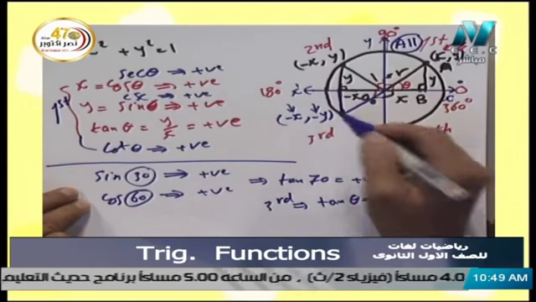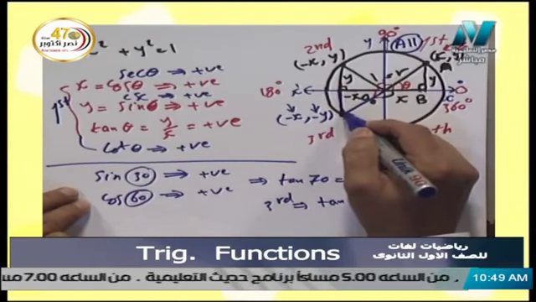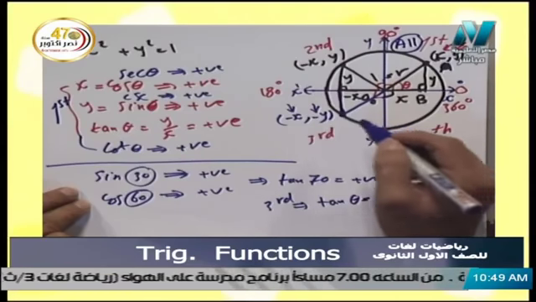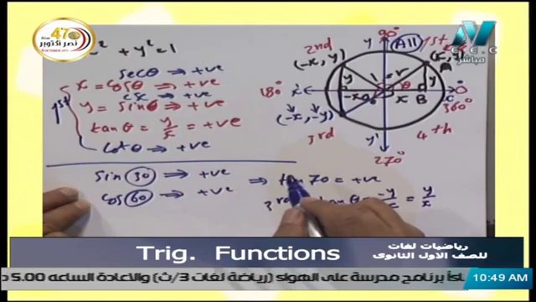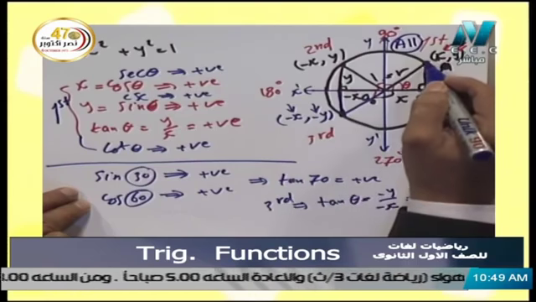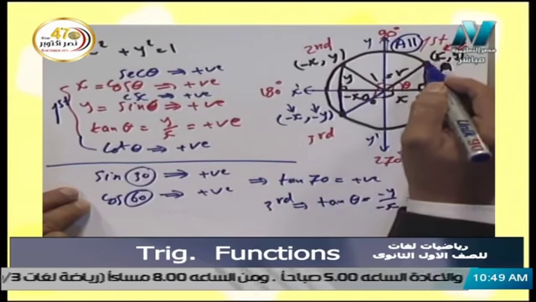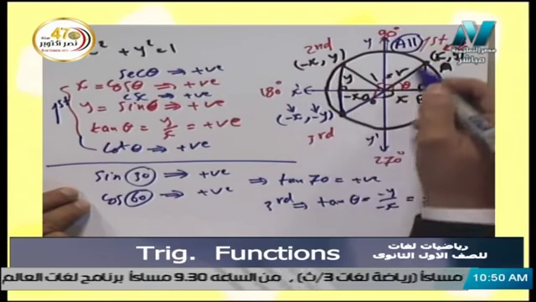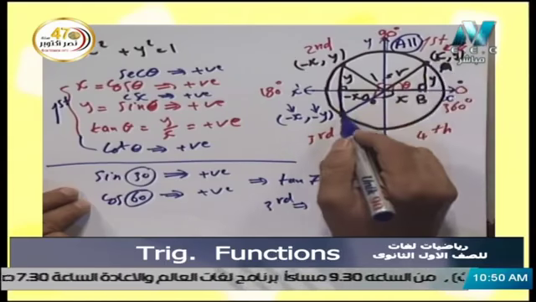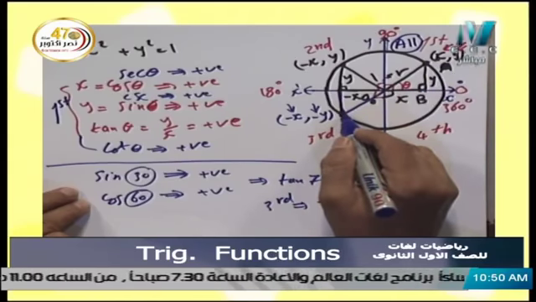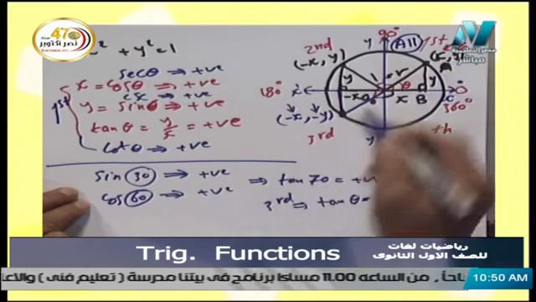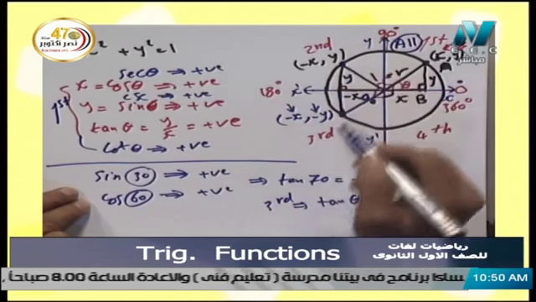Okay, so in third quadrant cosine is negative, sine is negative, but only tan is positive. Okay, let's move here. First quadrant, sine, cosine, tan are positive. In the third quadrant, which is diagonal to the first one, tan only is positive here, but sine and cosine are negative. Let's move to the second quadrant.